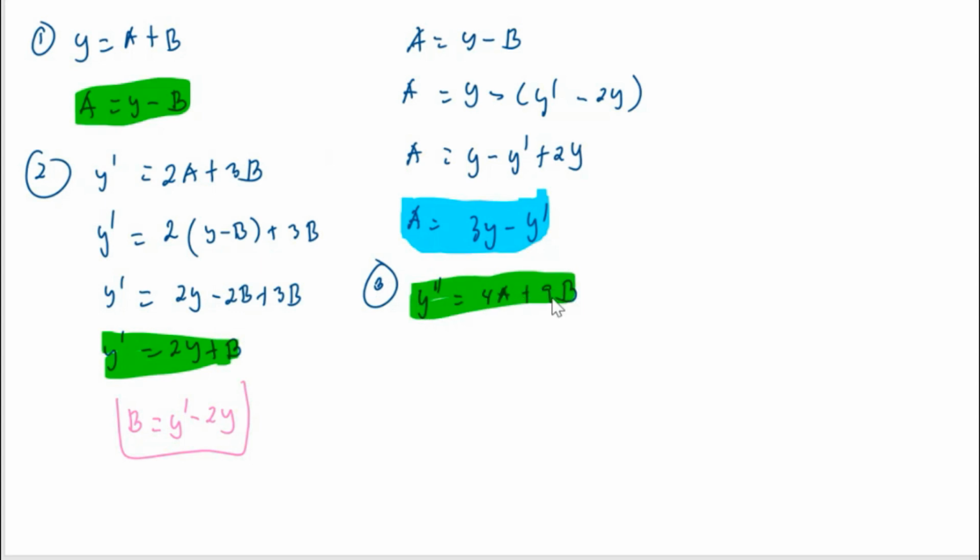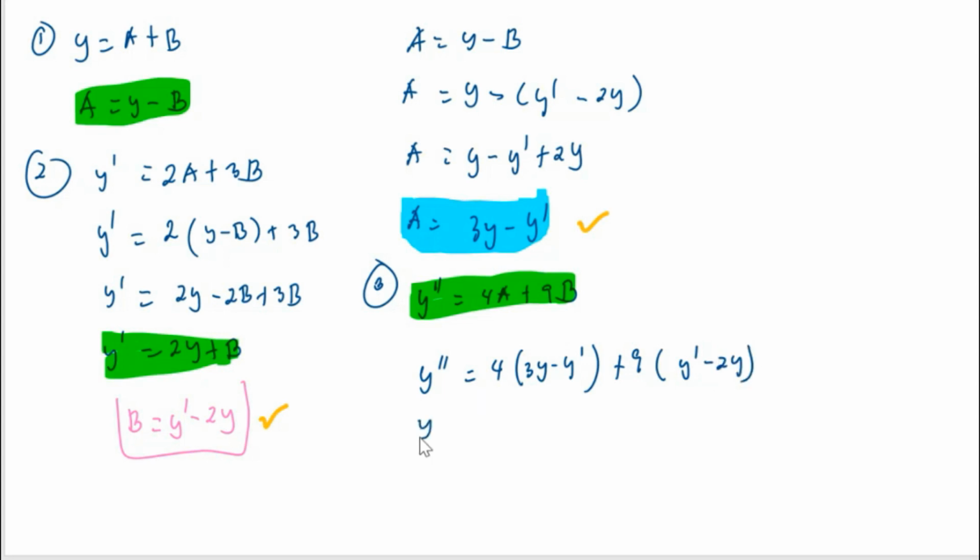This is the value of our a, and this is the value of our b. So we can now solve the equation. We have y double prime is equal to 4 times the value of a, which is 3y minus y prime, plus 9 times the value of b, which is y prime minus 2y.